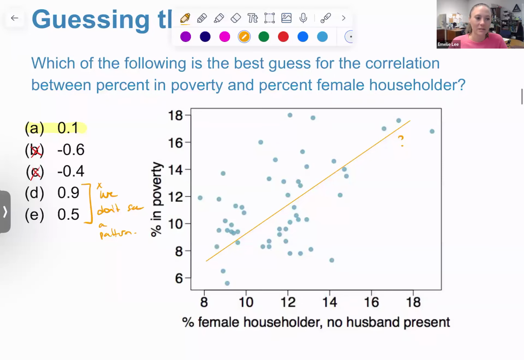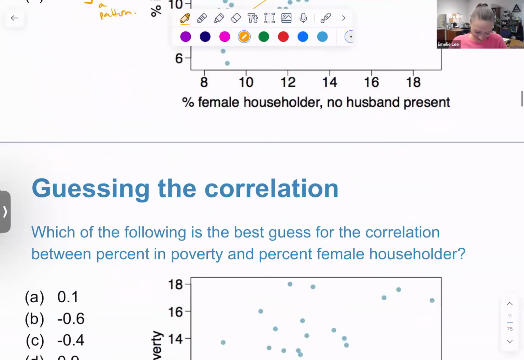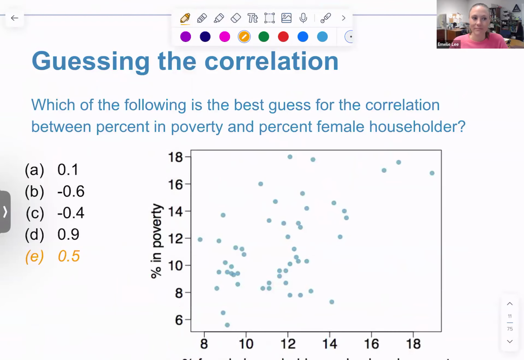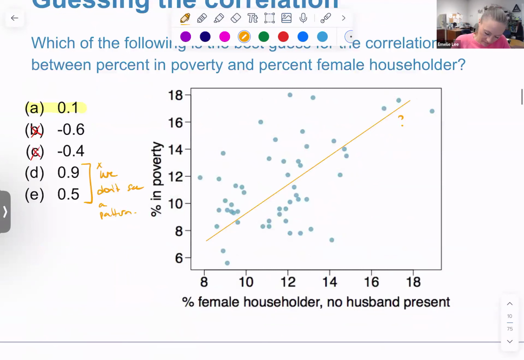Hopefully I'm right. Oh, I'm not. I feel like I am though. 0.5. I guess it's like this. Sort of see a pattern.